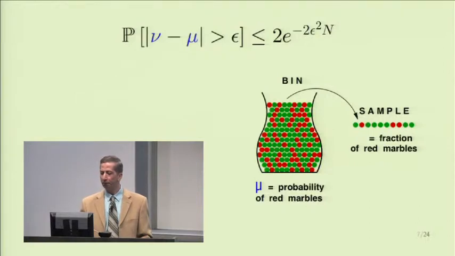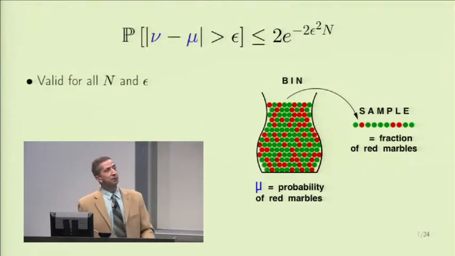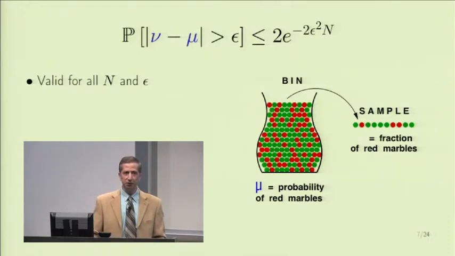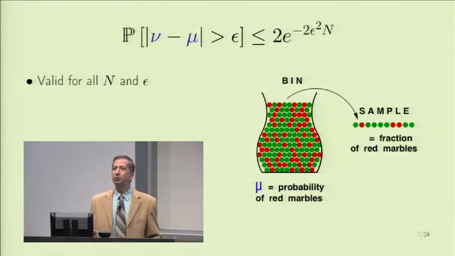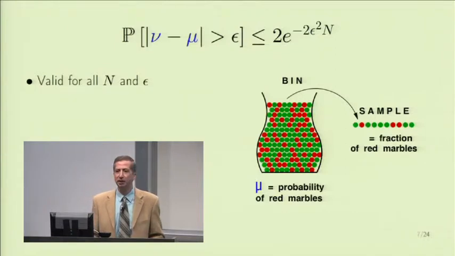So what about the Hoeffding inequality? Well, the one attraction of this inequality is that it is valid for every n positive integer and every epsilon which is greater than 0. Pick any tolerance you want, and for any number of examples you want, this is true. It's not an asymptotic result, it's the result that holds for every n and epsilon.